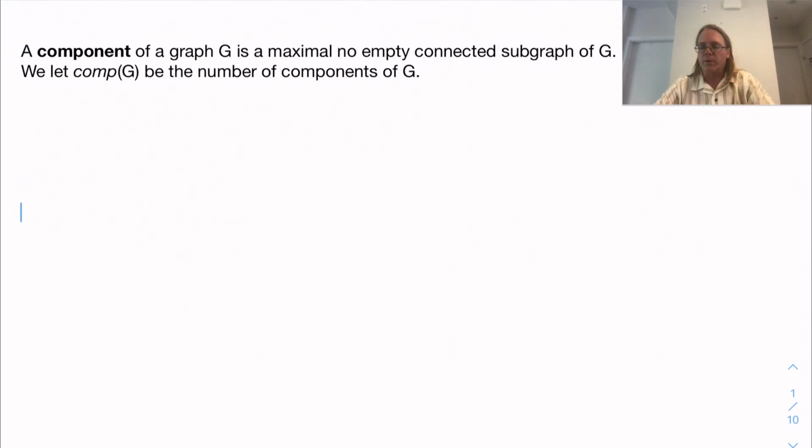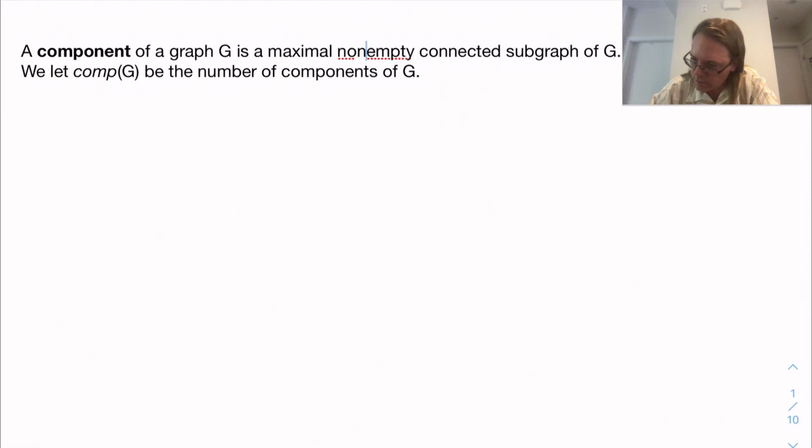A component of a graph G is a maximal, non-empty, connected subgraph of G. And comp of G is going to be the number of components.